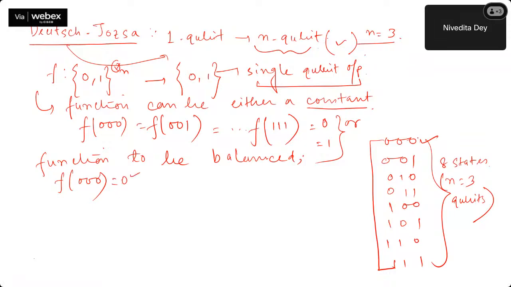Can I tell at this stage, having done one query, whether it's balanced or not? Just keep track of the number of queries. No. Why?